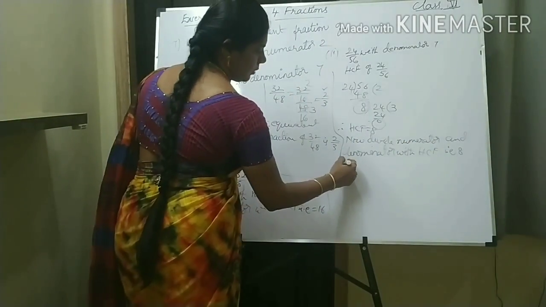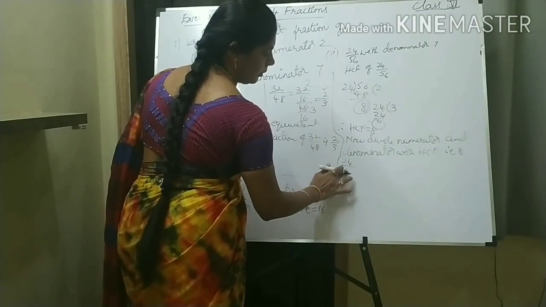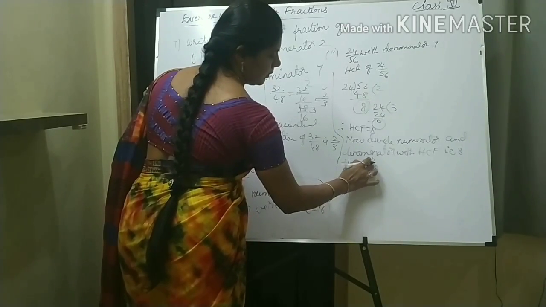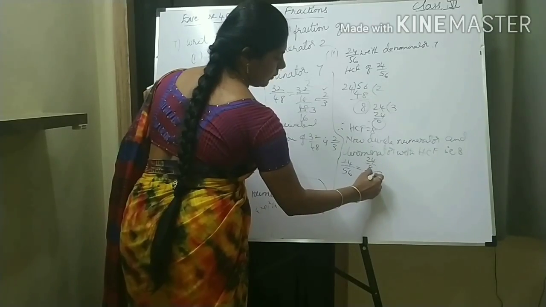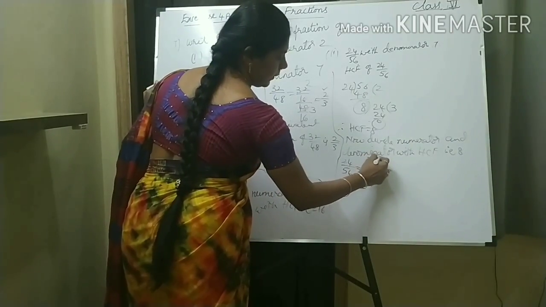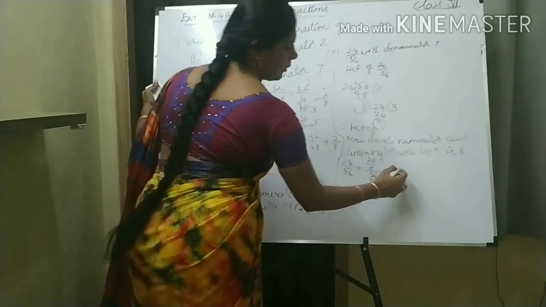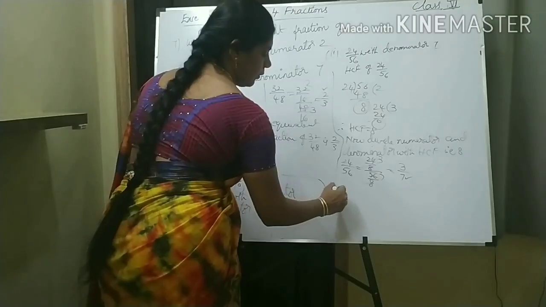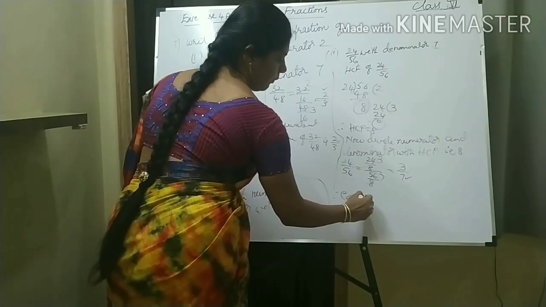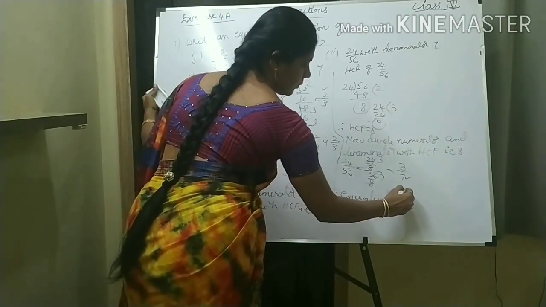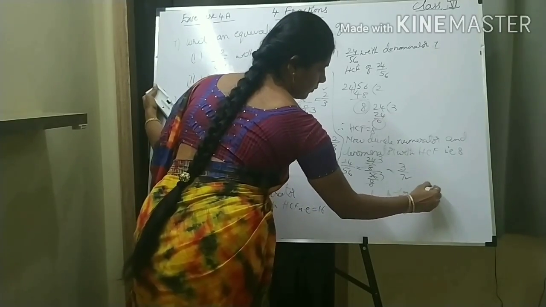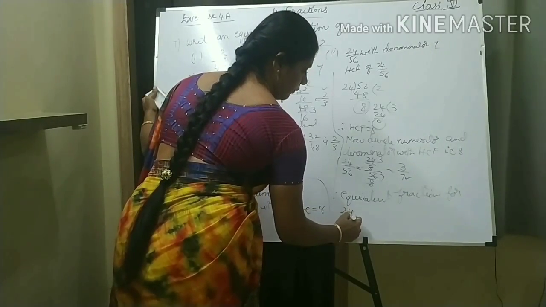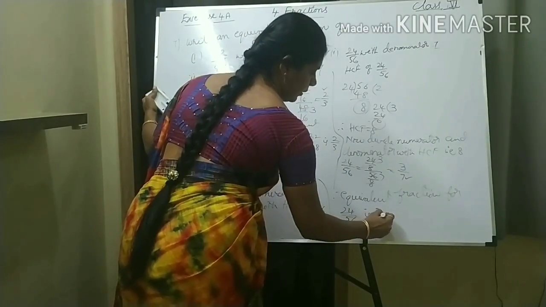See, 24 by 56 is equal to 24 by 8 divided by 56 by 8. 8 3s are 24, 8 7s are 56. Now 3 by 7, 7 in the denominator. You got this one. Therefore the equivalent fraction for 24 by 56 is 3 by 7.